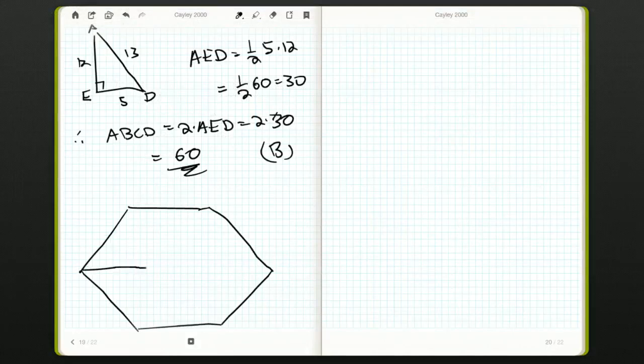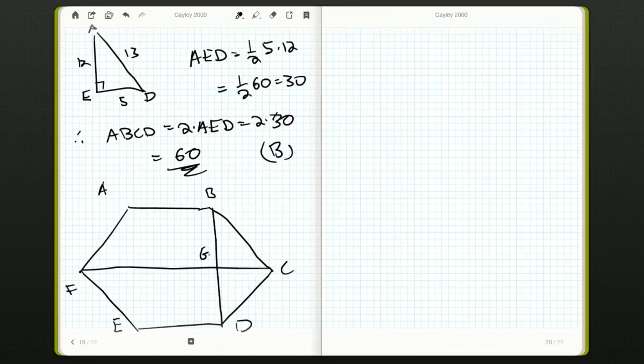Okay, and we have A, B, C, D, E, F. And these points up, and we have G. So, we want to compare this area to this area.